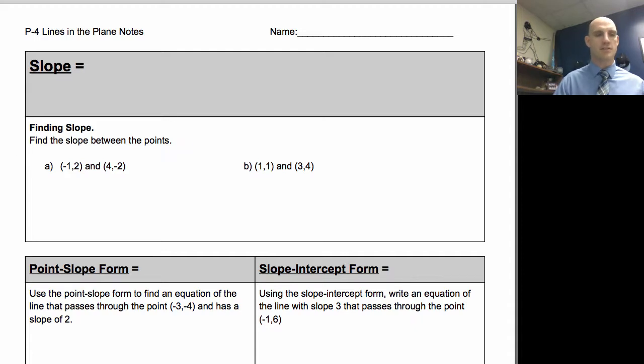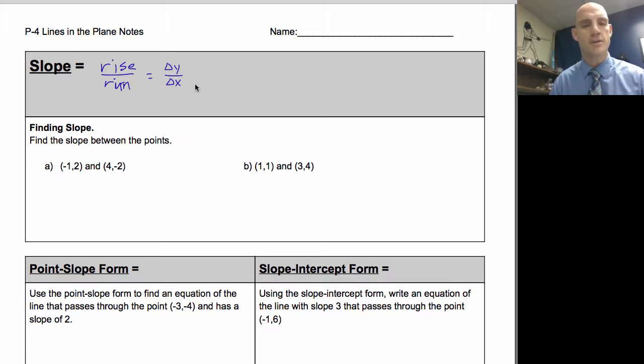Let's start out talking about slope. What we've learned in the past is slope is a measure of the amount of rise over the amount of run. What we need to move to, as we start to look forward to calculus, is an understanding of what we're actually measuring here. What we're actually measuring is our change in y over our change in x, and this triangle, delta, means change.